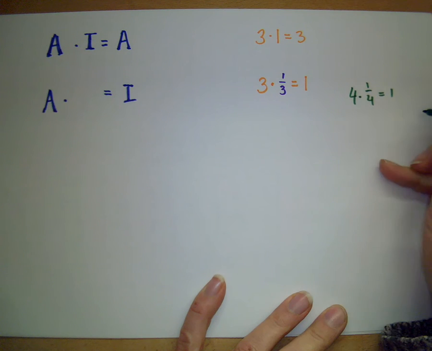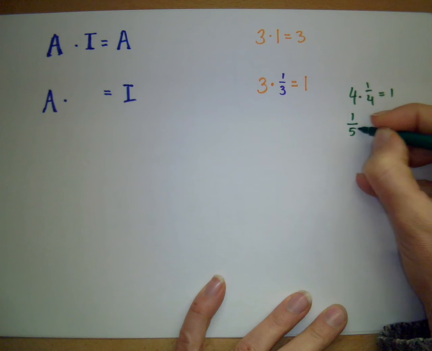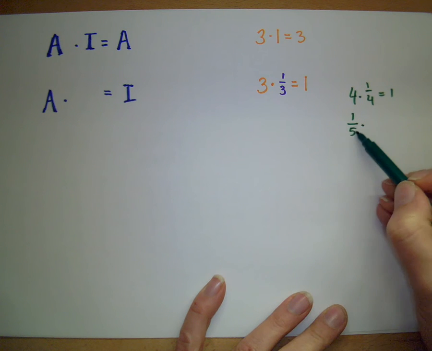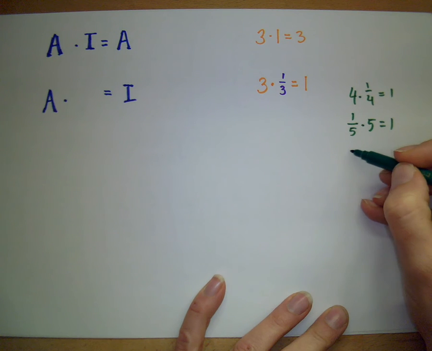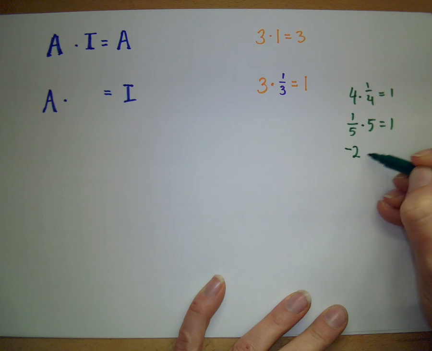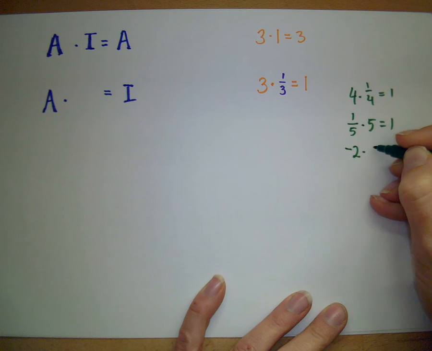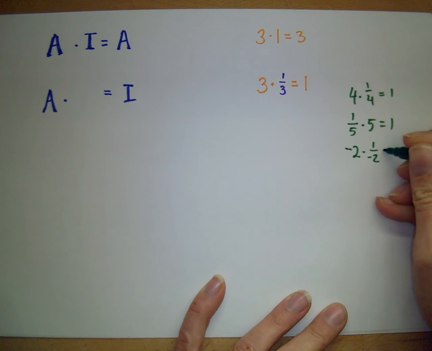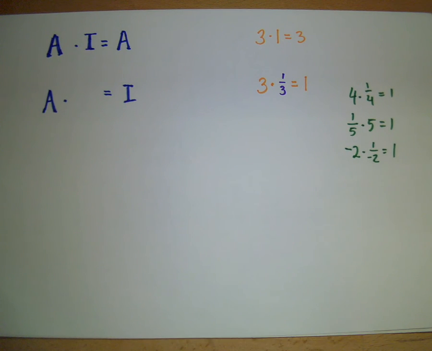Is it true if we start with a fraction, a fifth? The inverse of 1/5 is 5. That is 1. What if it was negative? Negative 2 times its inverse, 1 over negative 2, equals 1 as well. So it's true with all numbers.